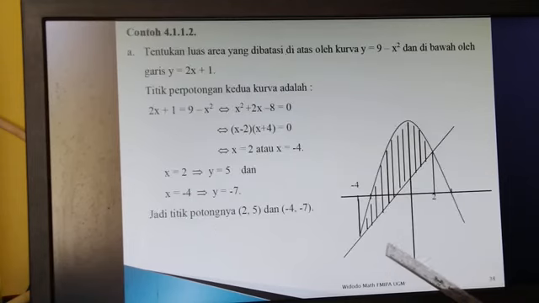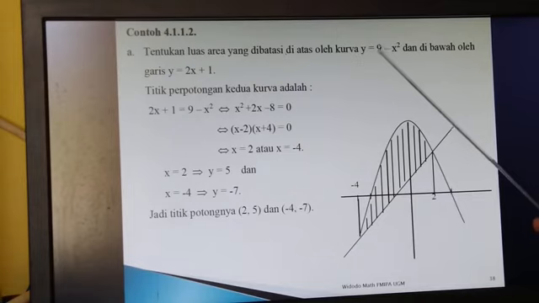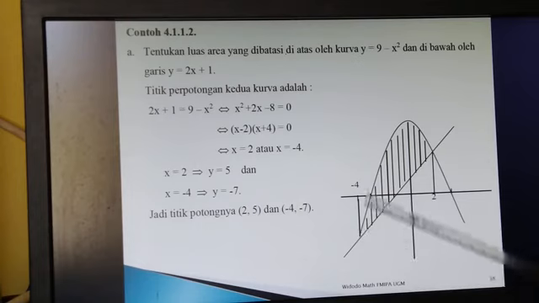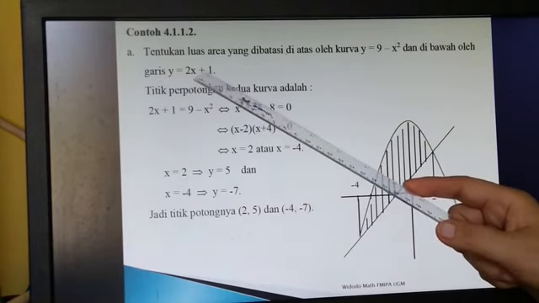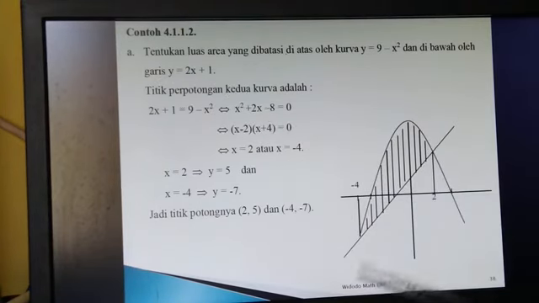Cartesian coordinates. For example, we have the function y = 9 minus x squared. The function looks like this. And below we have y = 2x + 1, this straight line. As I told before, if we want to calculate the area between two functions, we first have to calculate the intersection between the two curves.